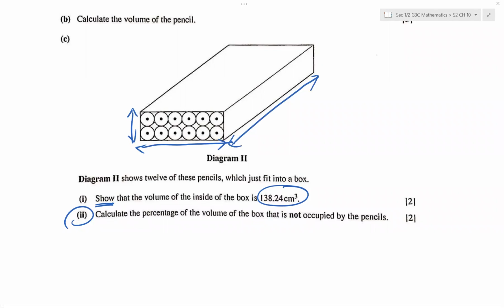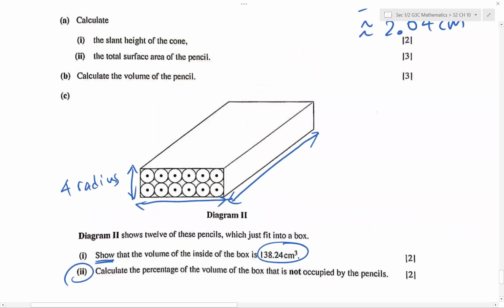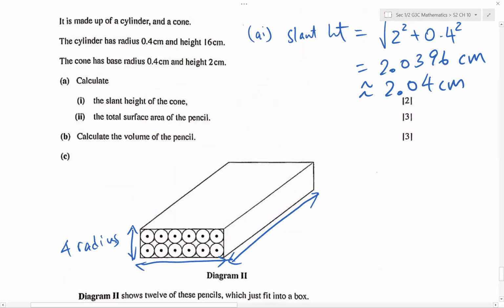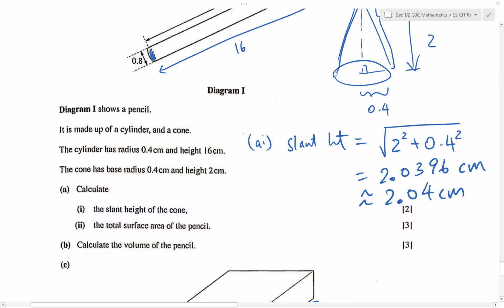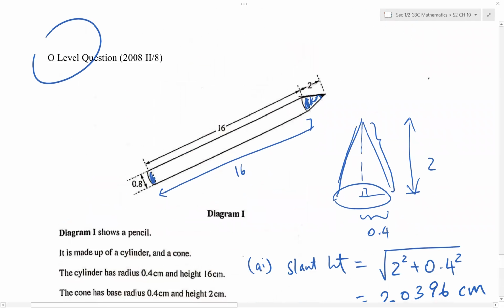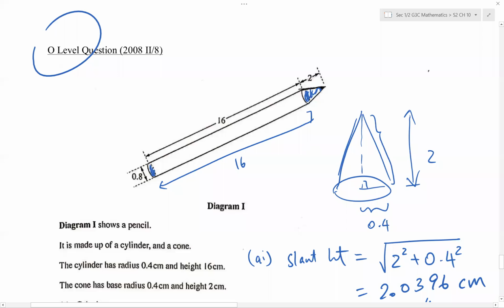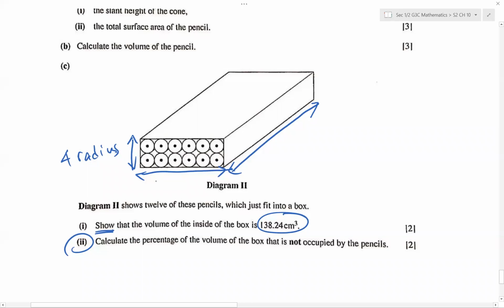Okay, so the distances are also quite easily calculated. Here we've got 4 radius. You got the radius from over here already. So diameter 0.8 or 0.8 times 2, diameter times 2, same. So 1, 2, 3, 4, 5, 6. So this will be 6 diameters to get a volume.